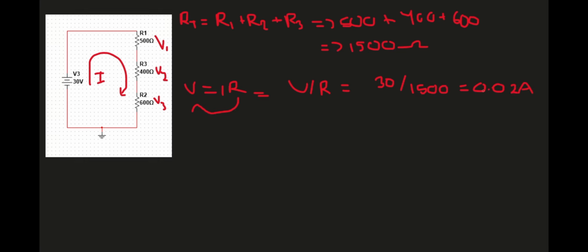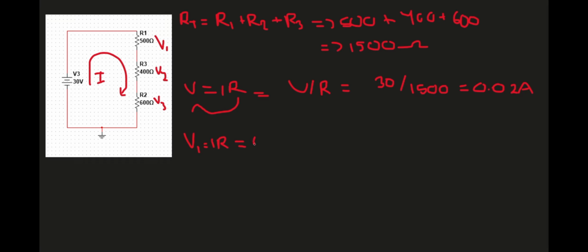Now, this is in volts, this is in ohms, the final answer is in amps. If you converted these to kilo ohms, this would be in milliamps, and the number would be larger because it's in milliamps.